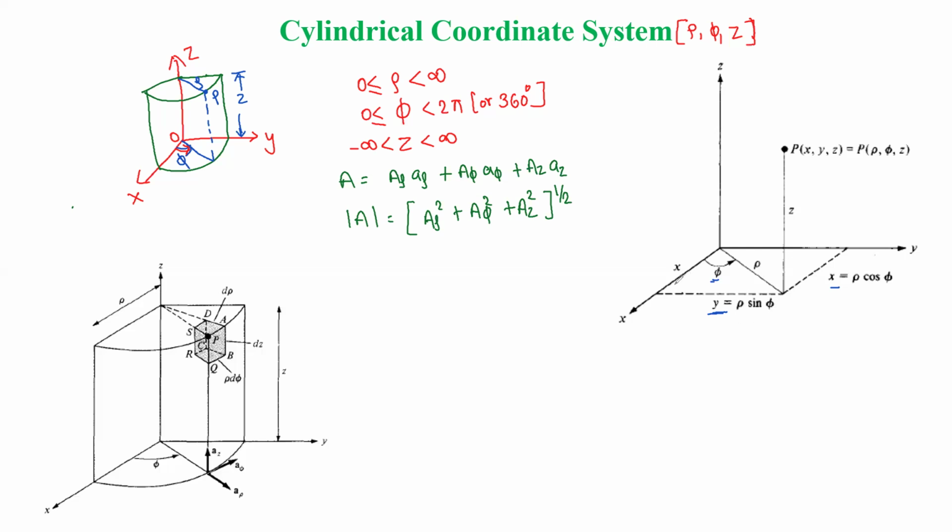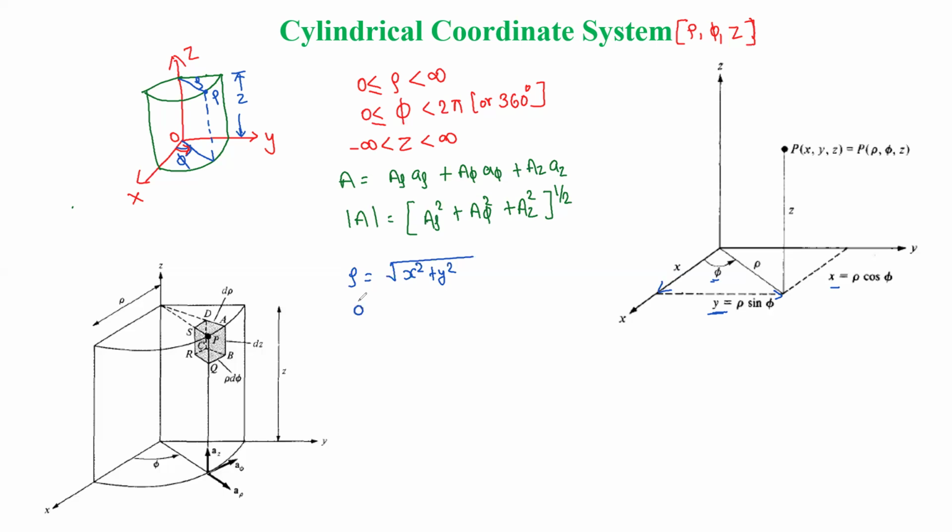This is a right angle triangle, with sides y and x, and the resultant is rho. So rho equals root under x squared plus y squared.